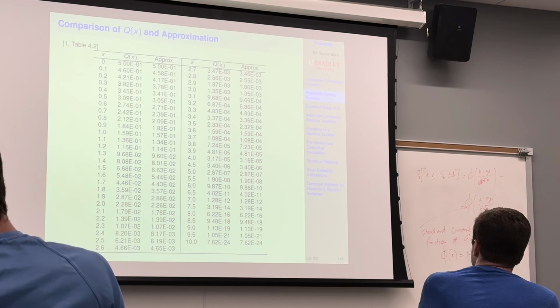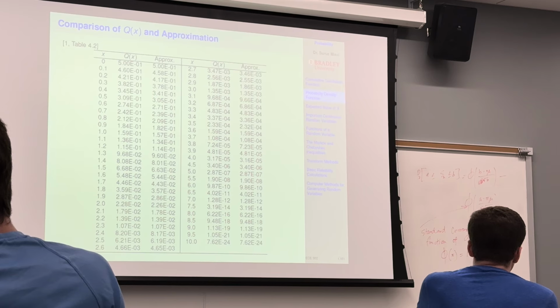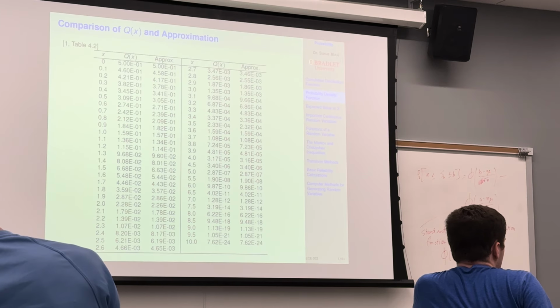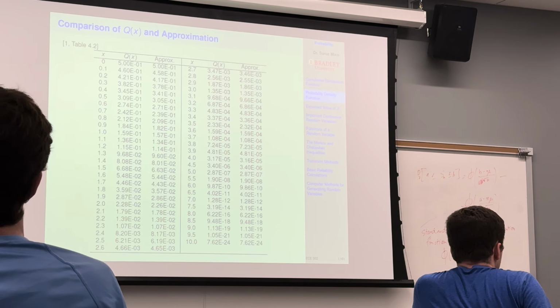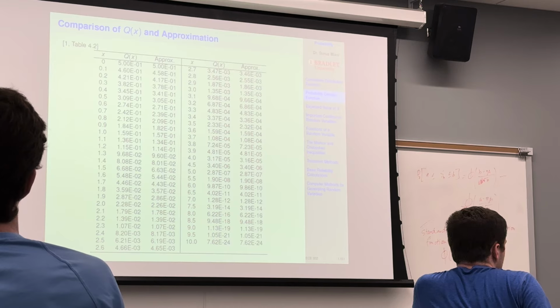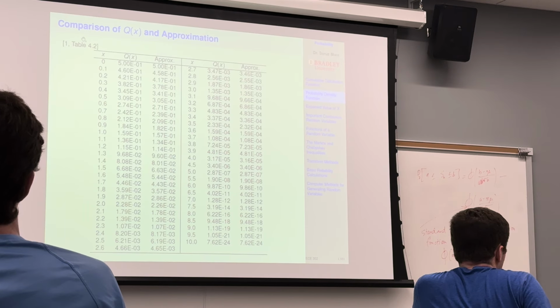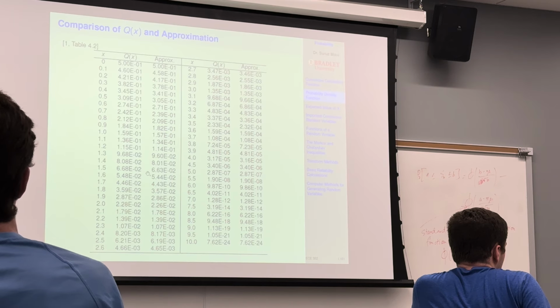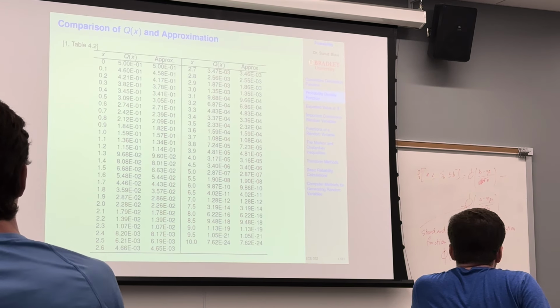This Q table, you can bring it here, or you can download it from the author's book as well. It is actually chapter 4, table 4.2. I copied and typed the text here to look nice.